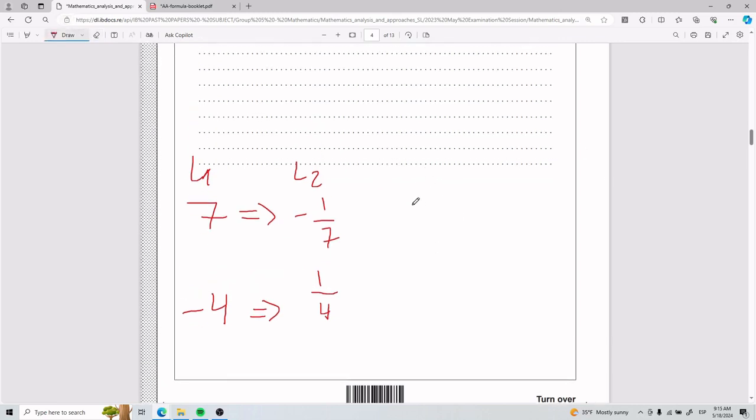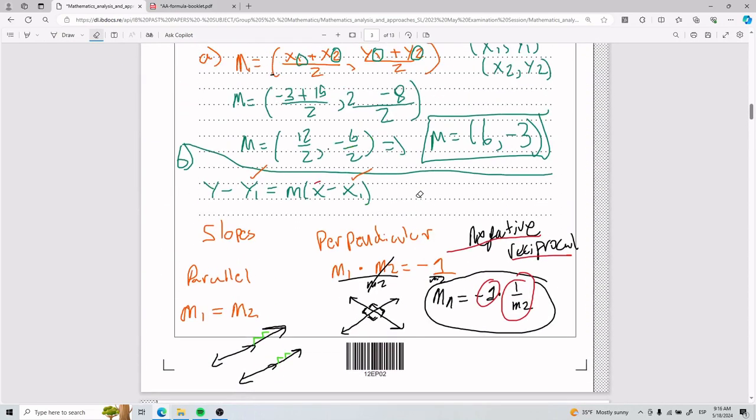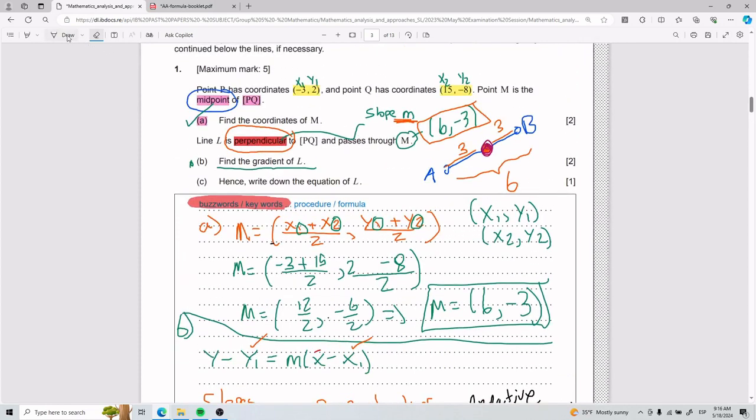And another example, let's say you have 1/2, so the perpendicular of this would be negative 2, because you flip it and you put a negative. All right, so that was a pretty long explanation, but I'm sure someone out there needed it, so this one's for you, okay? So perpendicular slopes is the negative reciprocal.